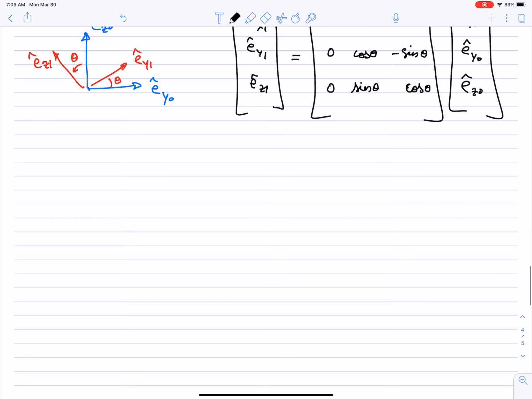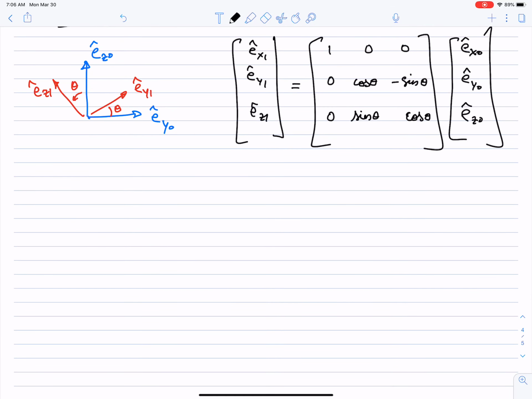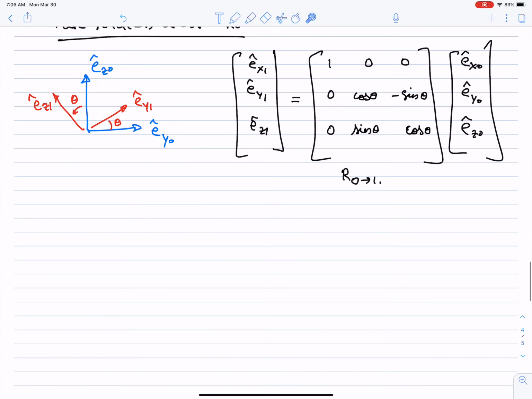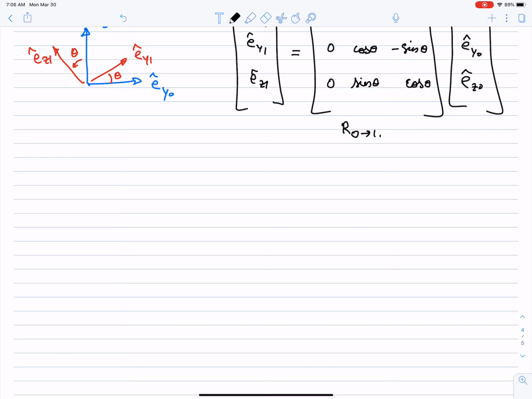And that would be called again R0 to 1, except now these things are for this picture. And if you had a pure rotation about Ey naught, then the picture would look like the following.